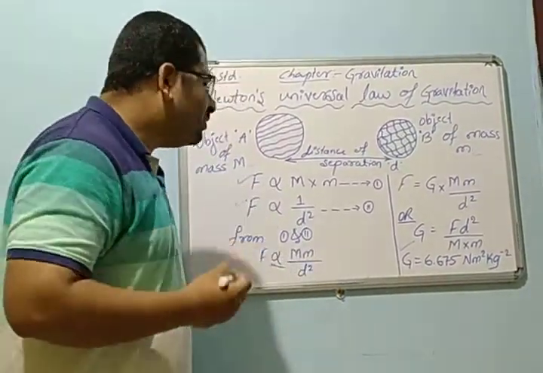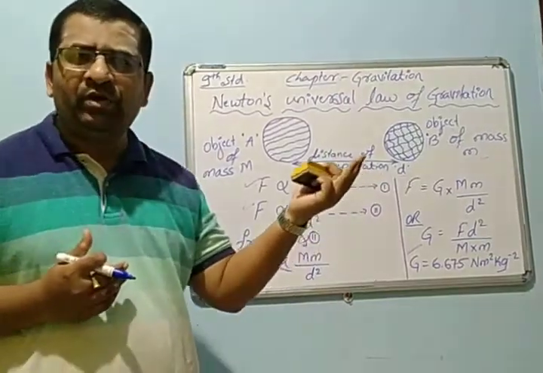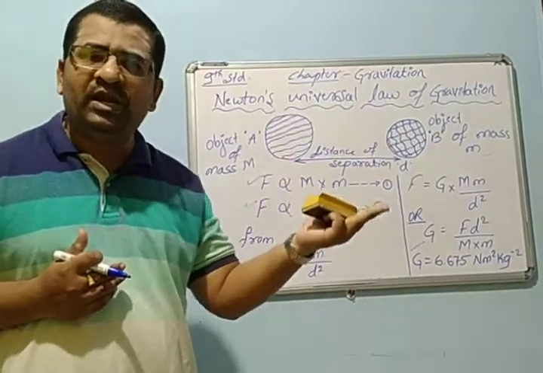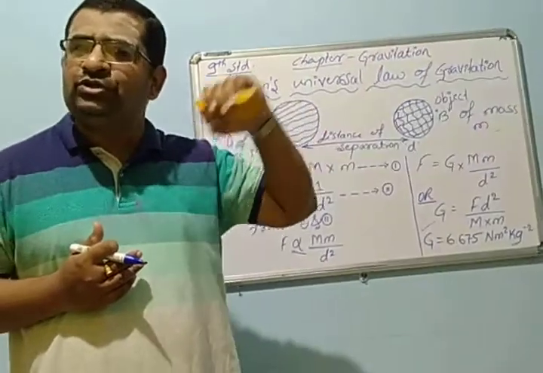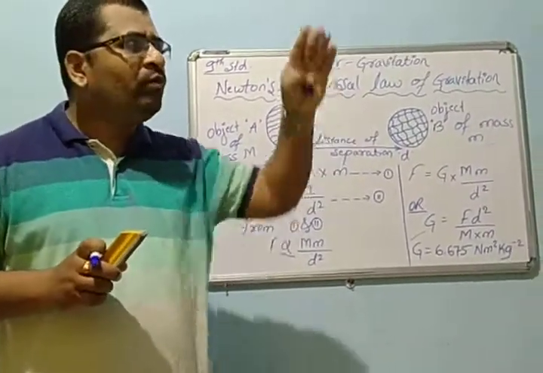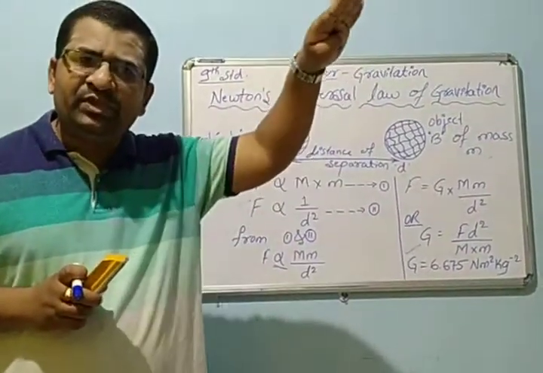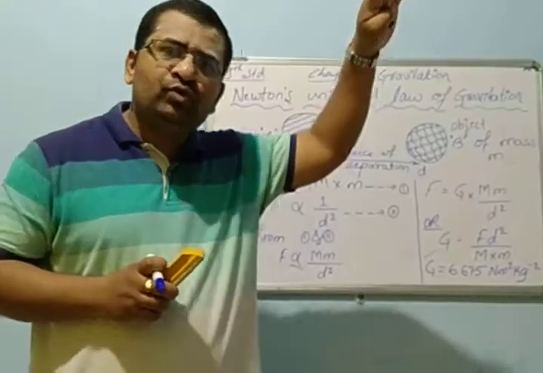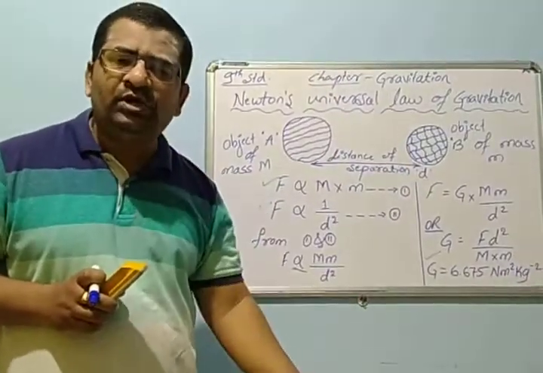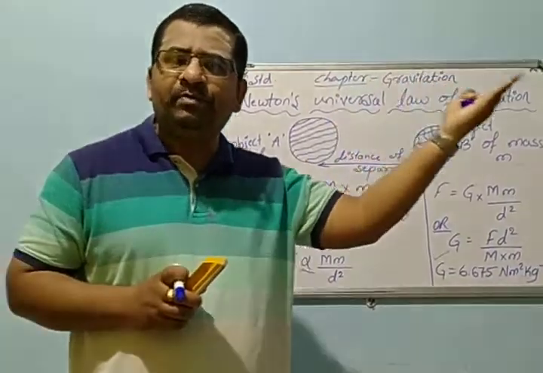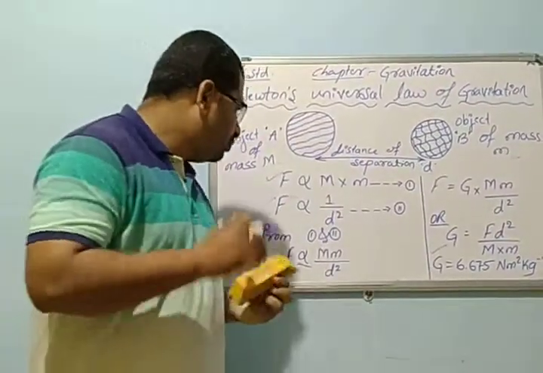The mass of the paper is very less compared to the mass of the stone. That's why, even though the height is the same, the stone comes to the ground very fast compared to the piece of paper.